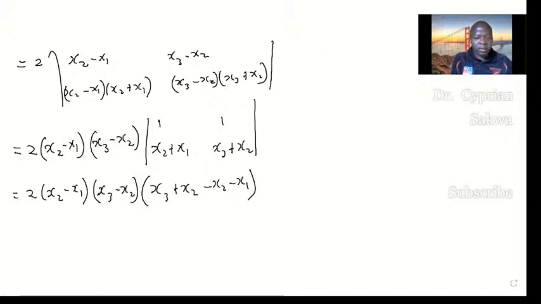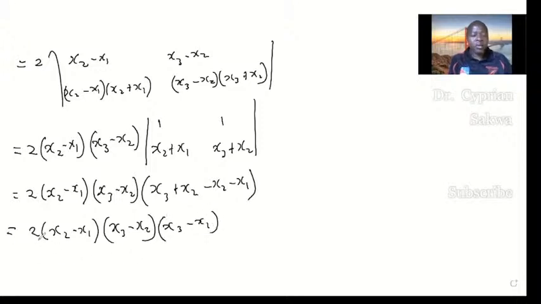When this is done, what we get is 2 into x2 minus x1 multiplied by x3 minus x2. And you notice that here x2 minus x2 will give us 0, so what we are left with is x3 minus x1. And this is what we wanted to show.